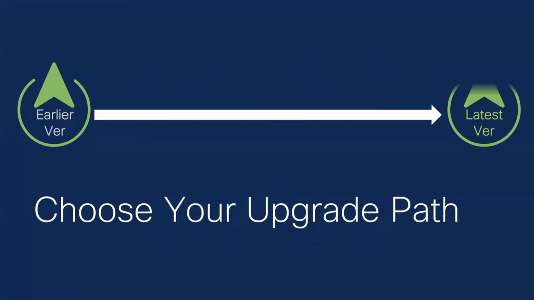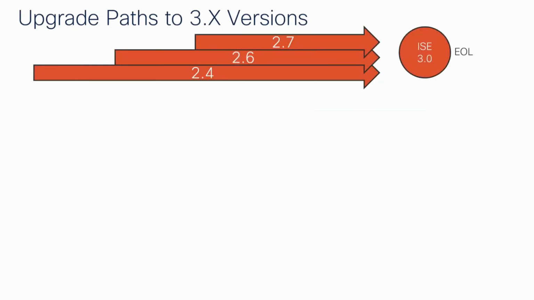The first and foremost thing is choosing your upgrade path. We need to understand the version-to-version upgrade support so that you can make a better decision at this point. If you're on 2.4, 2.6 or 2.7, you can upgrade to ISE 3.0. Of course, 3.0 is already end of life.